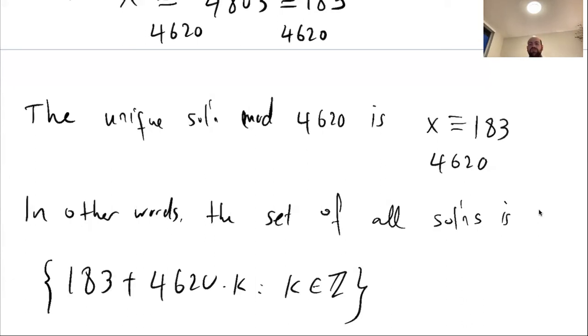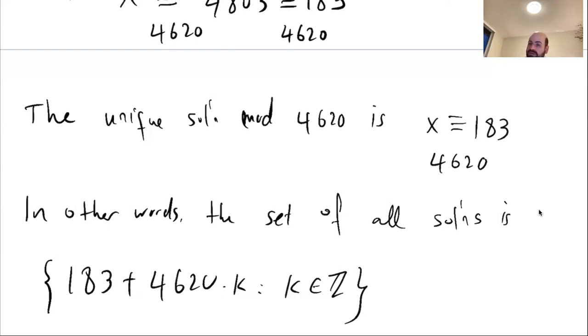So which numbers are 183 mod 4,620? Any number of the form 183 plus 4,620 times k, where k comes from Z, right? Well, for example, 183 itself, of course, is congruent 183. But if I add, for example, 4,620 to my number, still the number is congruent 183, right? Because 4,620 is 0 mod 4,620.